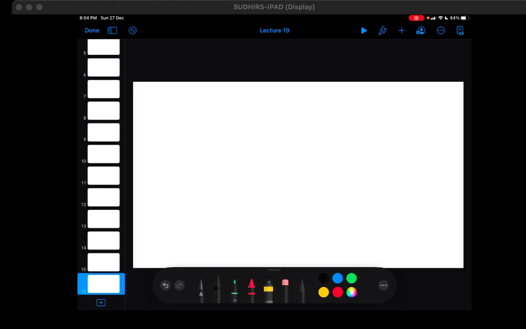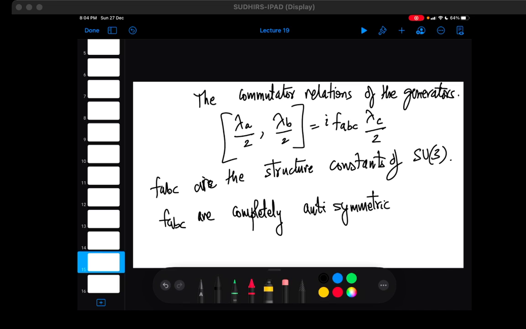Because they're completely antisymmetric, whenever an index repeats, say for example when A is equal to B or B is equal to C, that structure constant is 0, because it's completely antisymmetric in A, B, C. So when A is equal to B, or B is equal to C, or A is equal to C, or all of them are the same, the structure constant just vanishes.